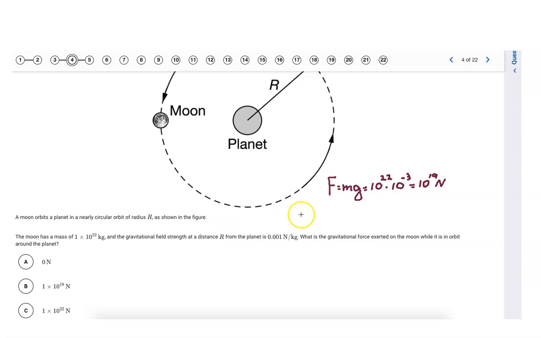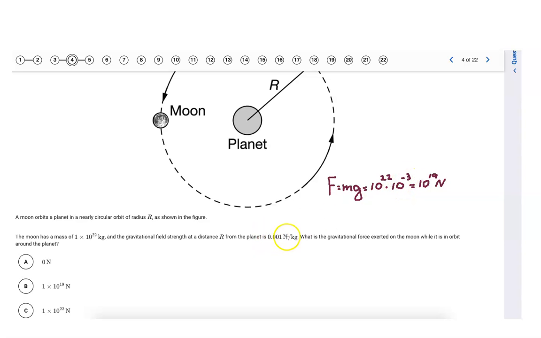So to solve this problem, you have to multiply the mass by the G. So the mass is 10 to the 22nd power multiplied by the G, which is 10 to the -3rd.